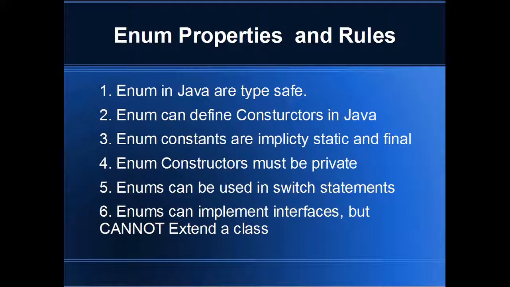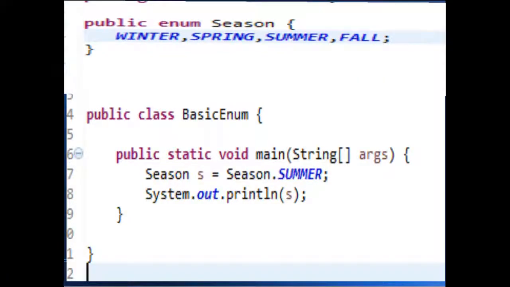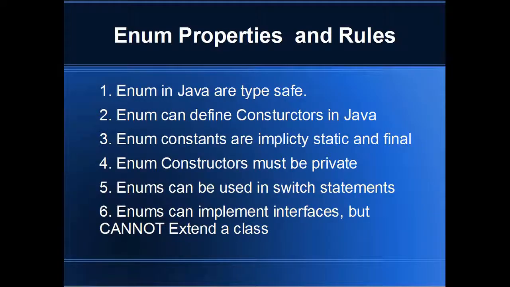Enum constants are implicitly static and final, even if you don't put static and final in front of the constants, like winter, summer, spring and fall. Enum constructors must be private; you'll get an error if you make it public. Enums can be used in switch statements, and most importantly, enums can implement interfaces but cannot extend a class.